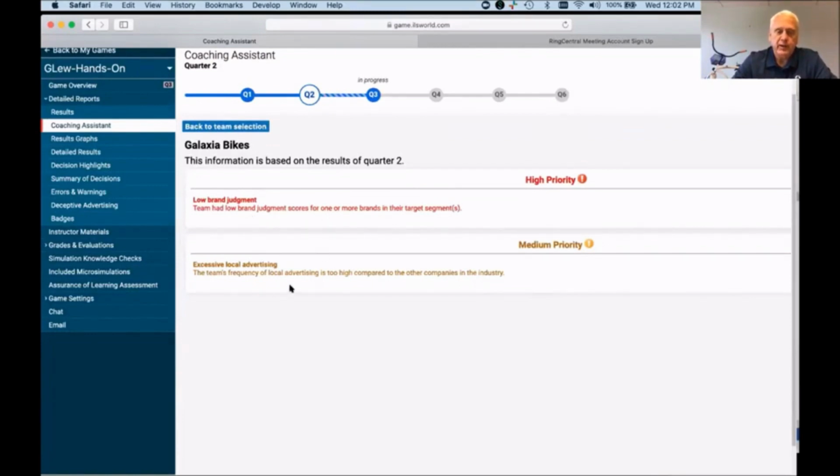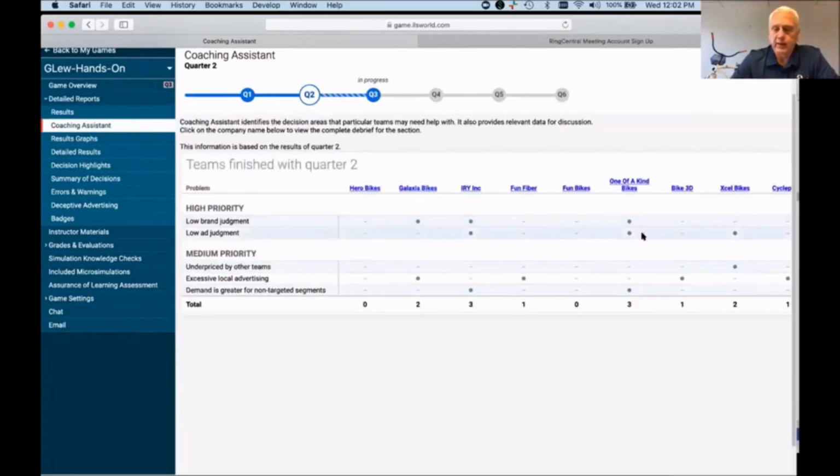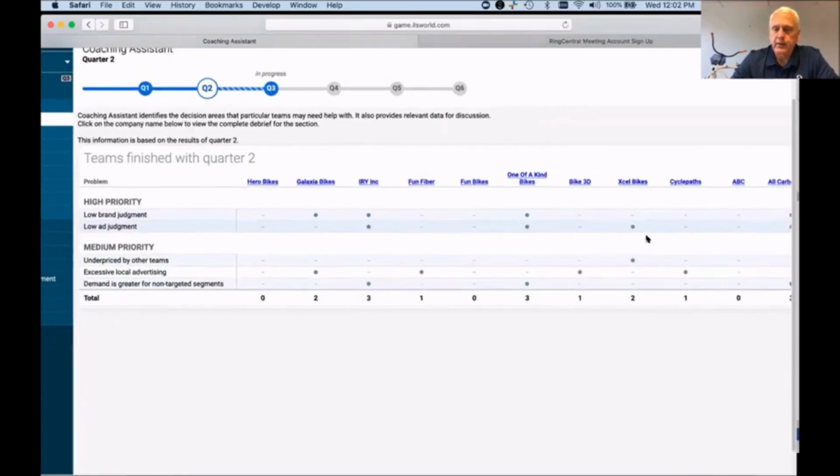They also spent a lot of money on advertising that they probably didn't need to do at this time. And so this would prepare me for an executive briefing with them. And I could look at anybody and see if they needed any particular help.